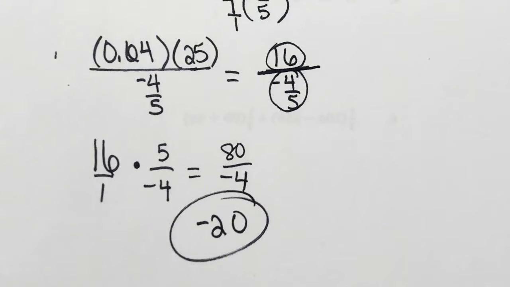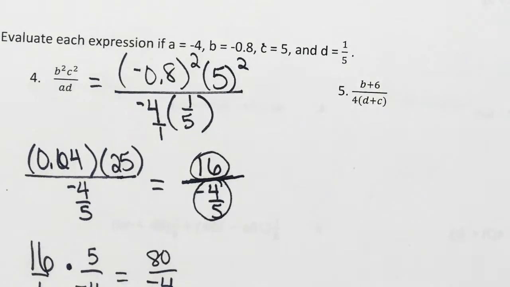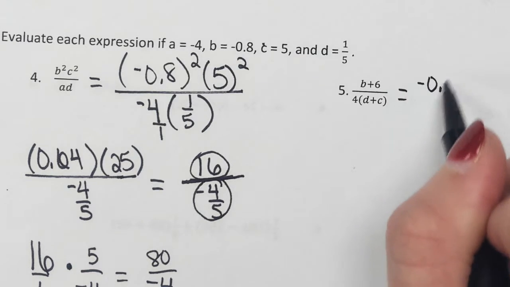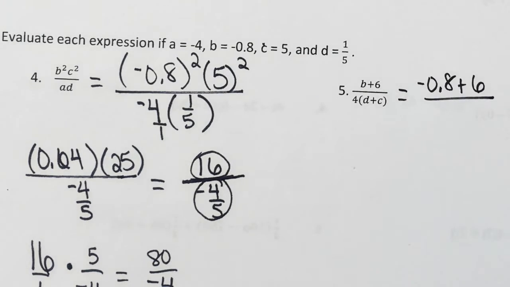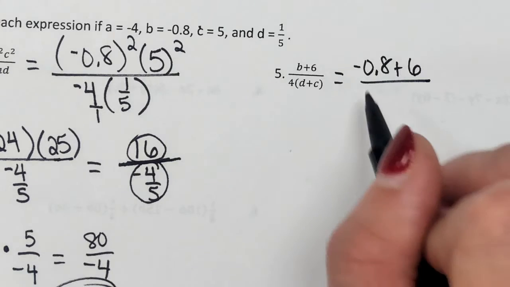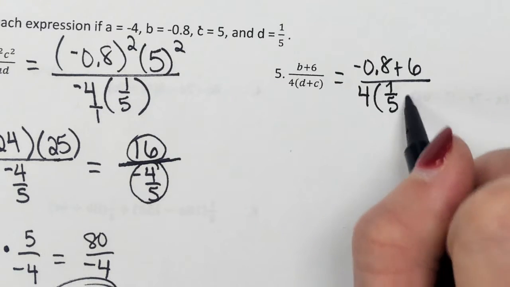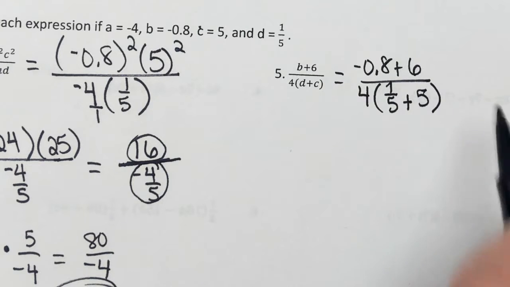All right. Last one. Here we go. Number 5. Last one. What's my B? Negative 0.8 plus 6. All right, and we got 4 times 1/5 plus 5, right?